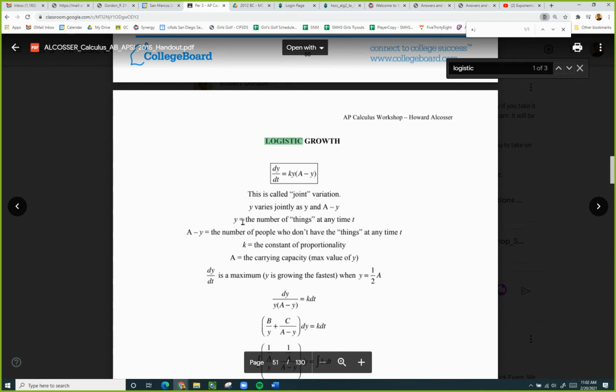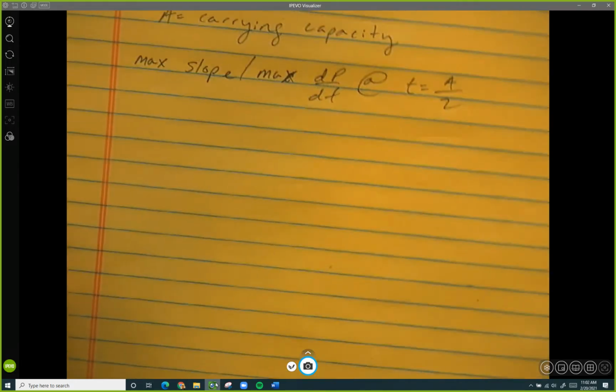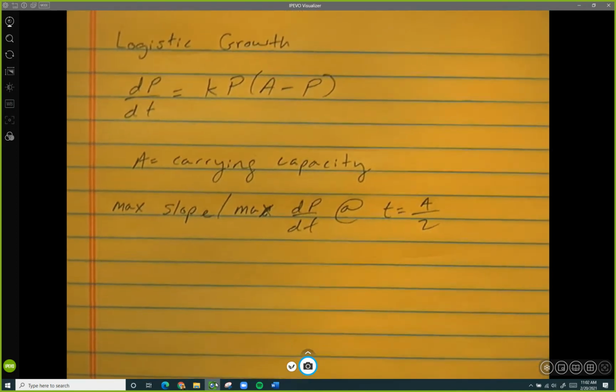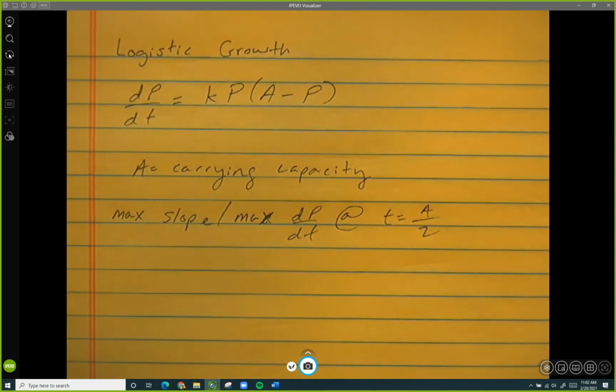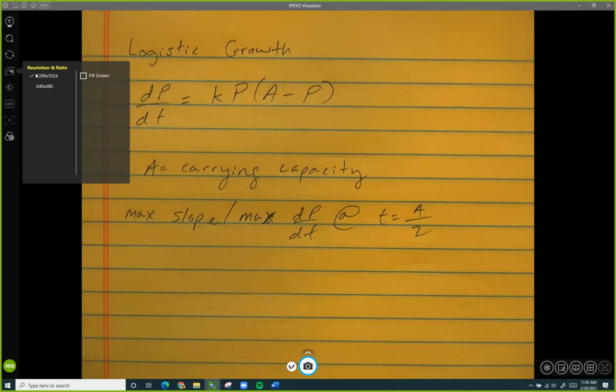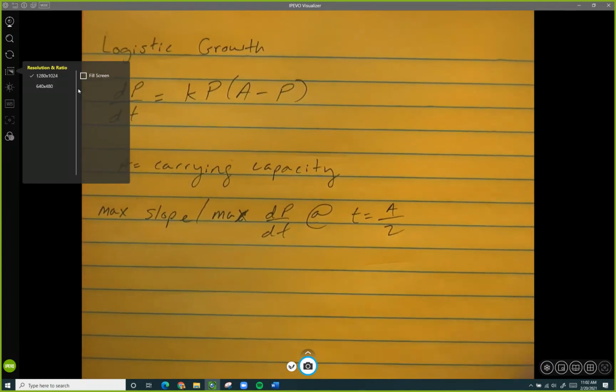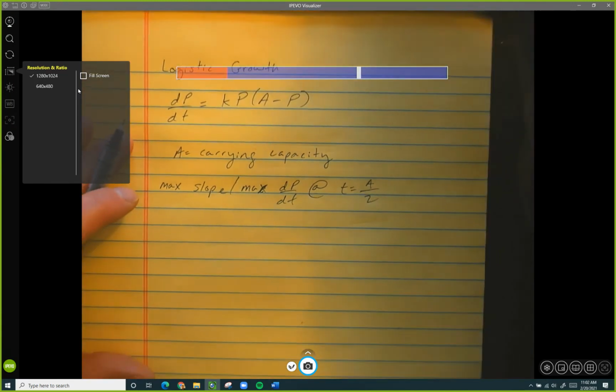Pretty sure that's all you need to know. Maybe we could draw a little graph about it to document that.